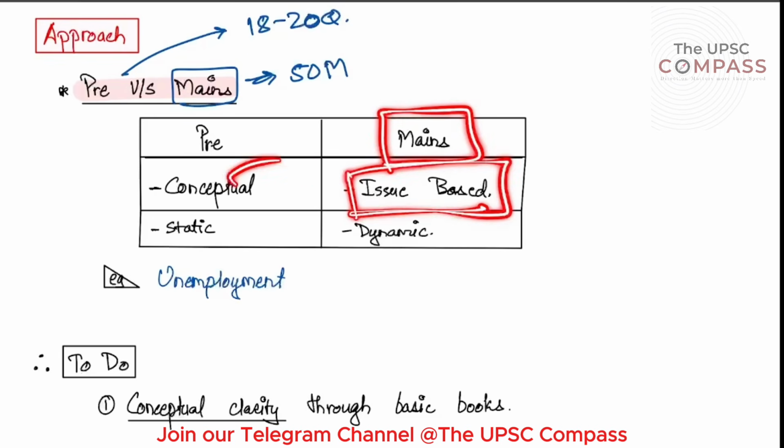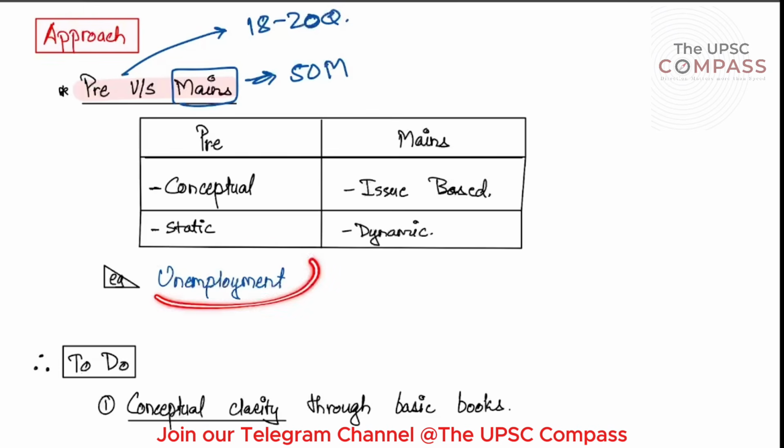That is, conceptual knowledge is just the base of your mains preparation. You need to cover the whole issue of a particular topic or theme in detail. For example, when it comes to unemployment as a theme for mains, you should not just know what unemployment is, but also the exact data related to it, and the various types that we do in our prelims preparation.